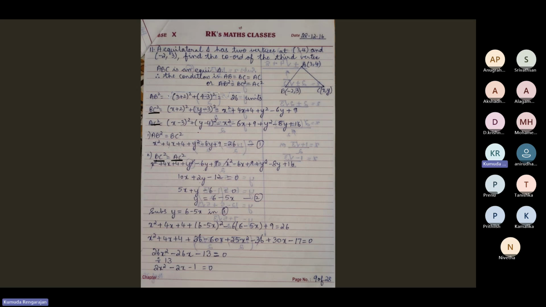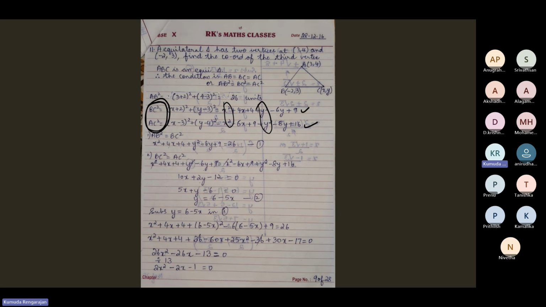And then any one you can work. Look at the expressions here. These two are almost similar, no? We have to work BC square equal to AC square, children. That's what I'm trying to say. Because in both we have X square, in both we have Y square.